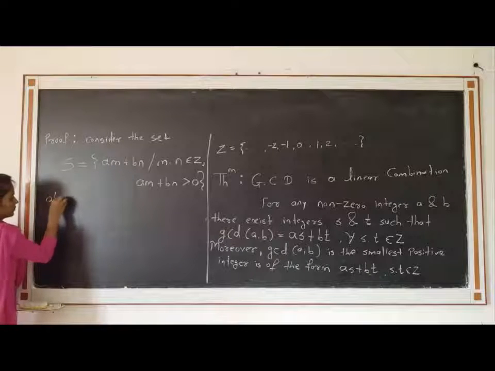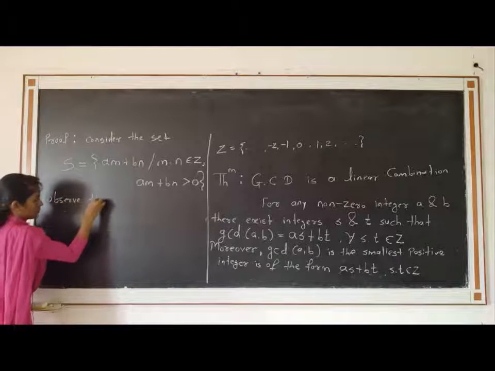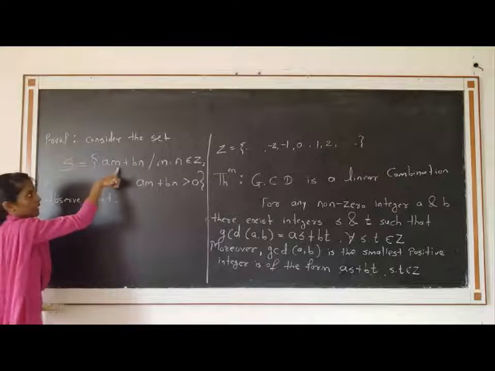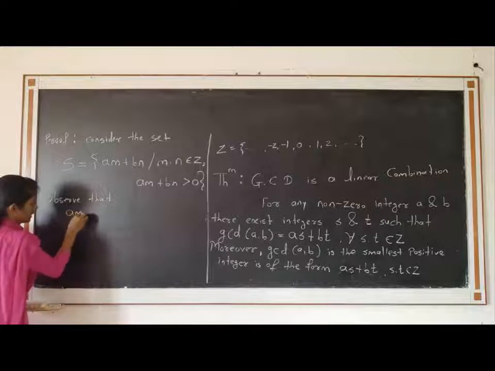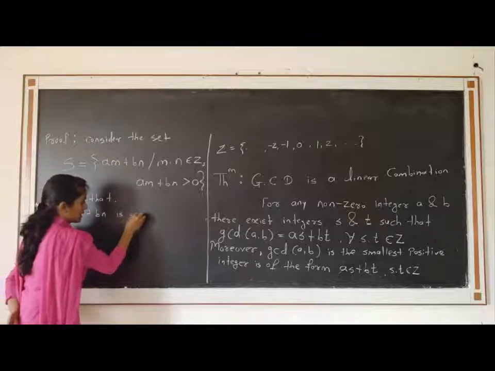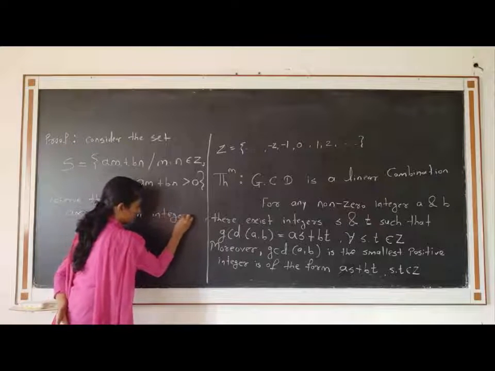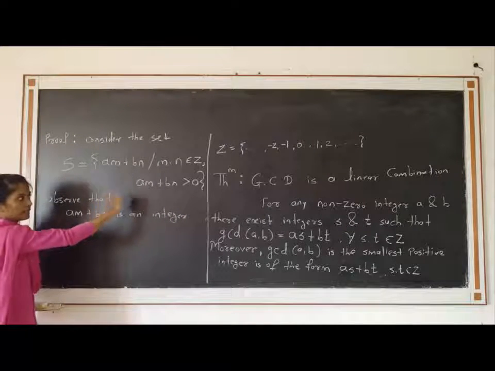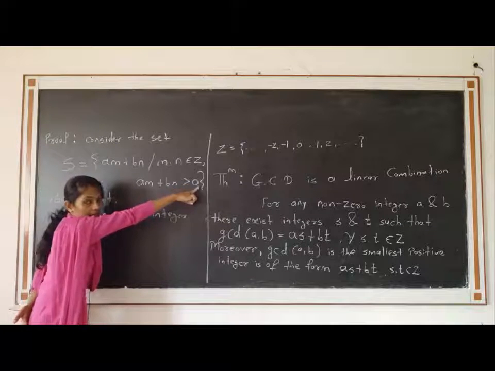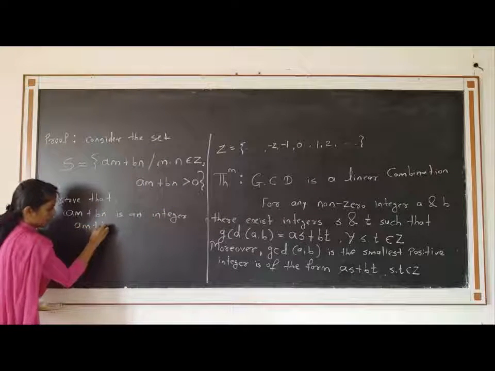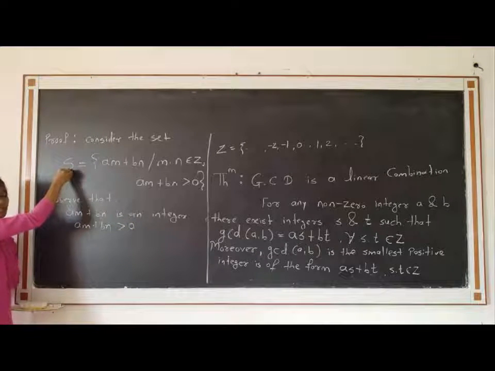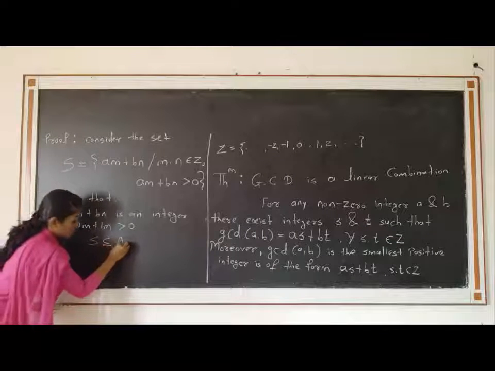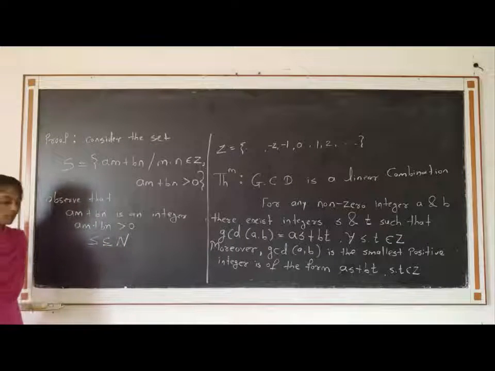Okay, observe that AM plus BN is an integer, and here AM plus BN is greater than 0. So that means this set S is a subset of the set of natural numbers.